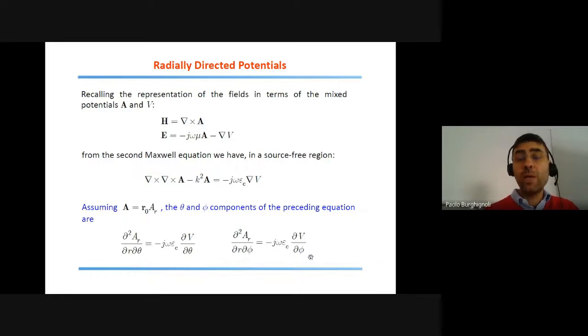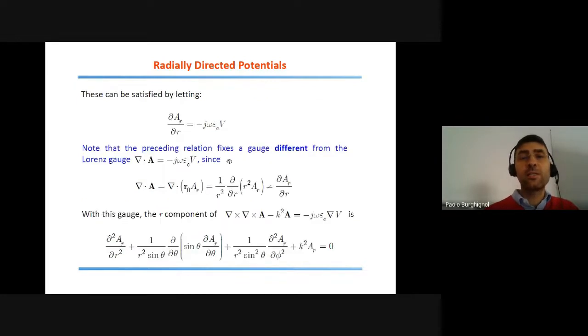So by inspection, you would find that these latter two equations would be satisfied if you choose the scalar potential V such that it is related to the vector potential A by the equation that you can see here on top. That is, the scalar potential V should be proportional to the radial derivative of the radial component A sub r of the vector potential.